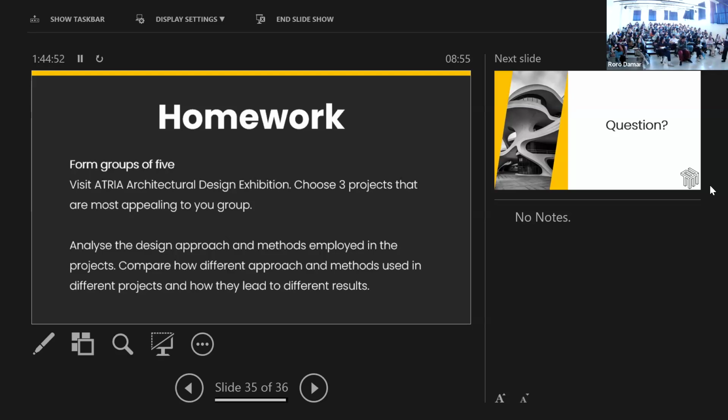Frameworks, I think, is very important. Force-based frameworks.